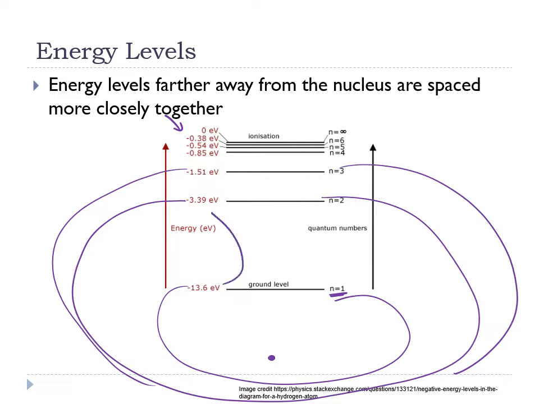And you can see that there are different quantities of energies associated with these different energy levels. What's kind of cool, notice the difference in distances between the energy levels. As we get further and further away from the nucleus, these energy levels get closer and closer to each other. They even start to merge into one.